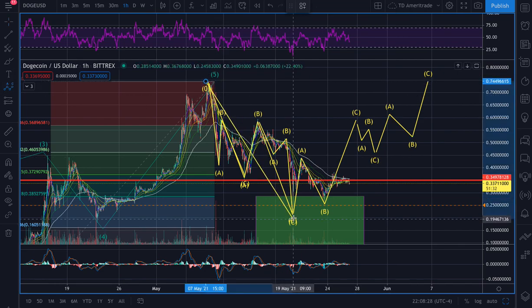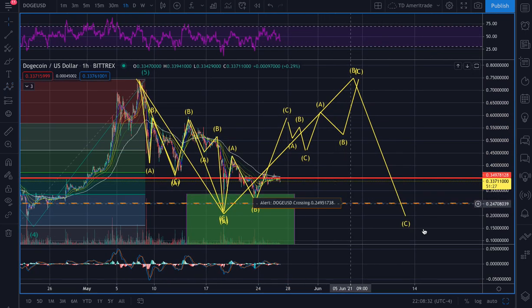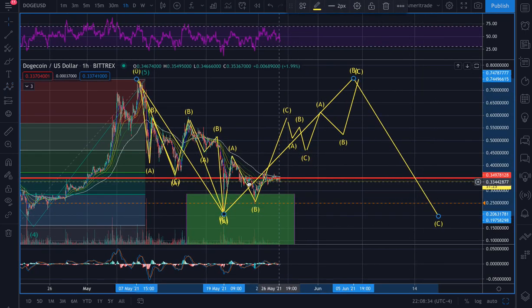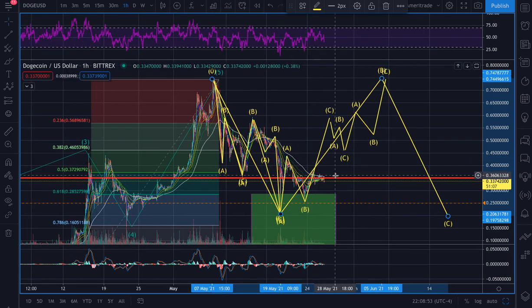Something like that for this. If that was a flat, like I mentioned, this is kind of what it might look like. But this is just speculation at this point.